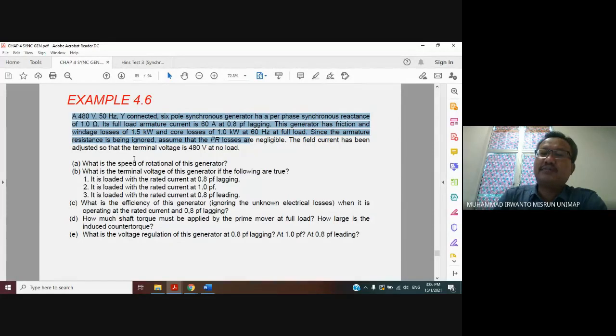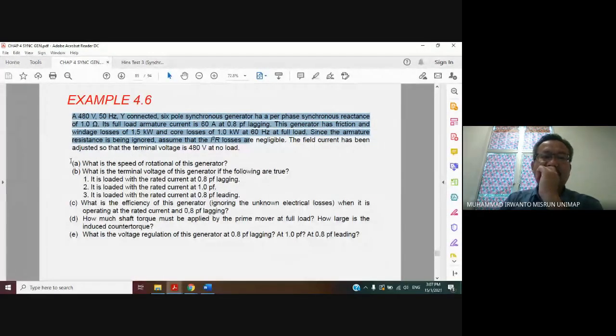This generator has friction and windage losses of 1.5 kilowatt and core losses of 1 kilowatt at 60 Hz at full load. Since the armature resistance is being ignored, assume that the I squared R losses are negligible. The field current has been adjusted so that the terminal voltage is 400 volt at no load.